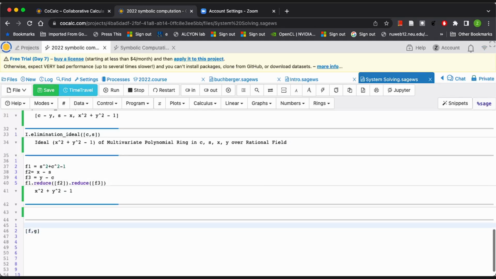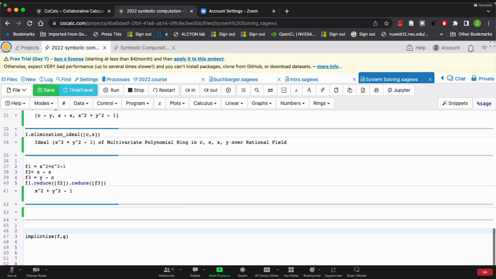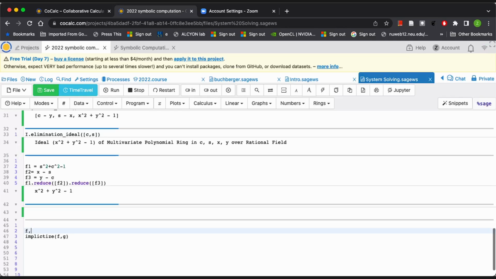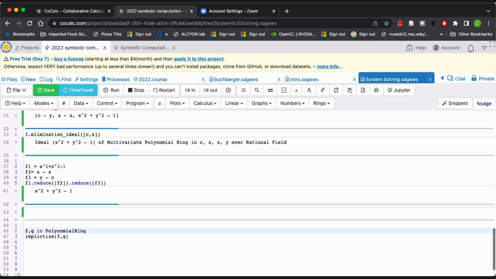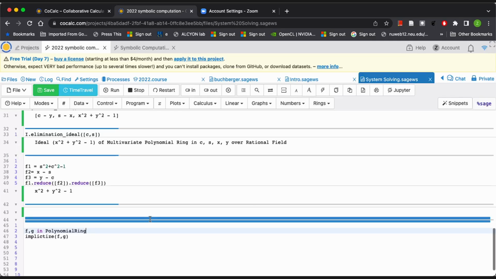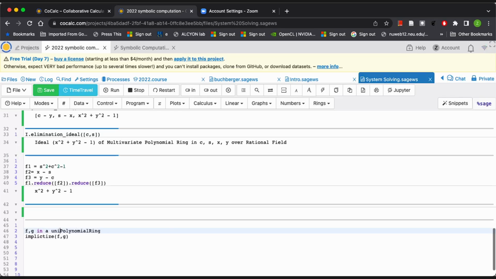The input is this. So I want the function implicitize that takes f and g, and they are in a polynomial ring, in a univariate polynomial ring.